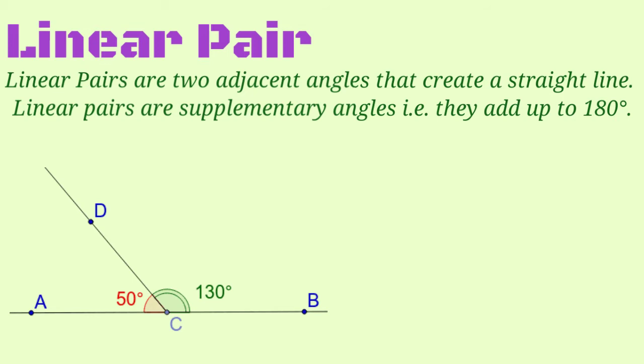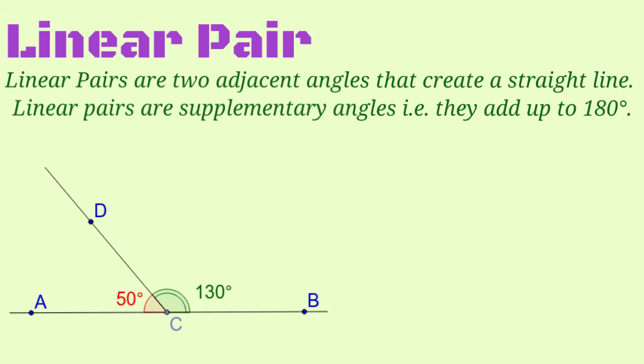Why? You can see DC is the common side between the two angles and C is the common vertex. So we can say that DCA and DCB are two adjacent angles, and the value of angle DCA is 50 degrees and the value of DCB is 130 degrees.